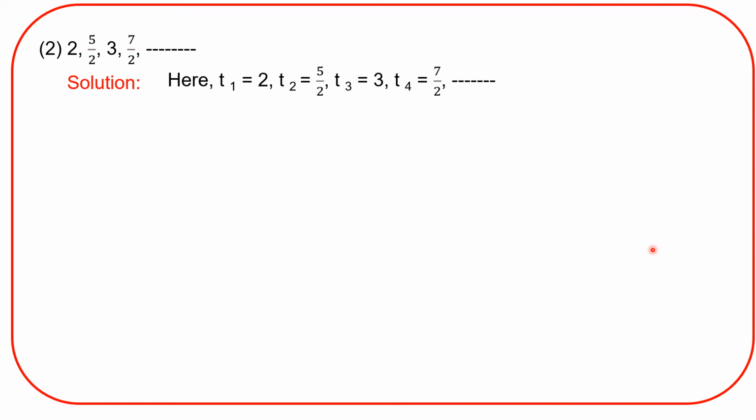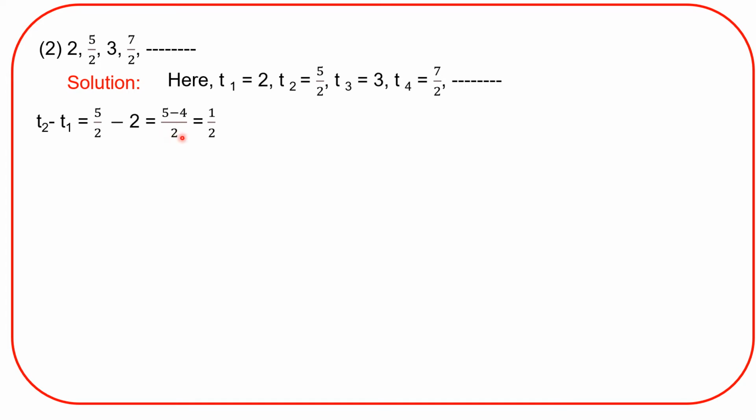So find out the difference. T2 minus T1 is equal to 5 upon 2 minus 2, that is 5 minus 4 upon 2, is equal to 1 upon 2. Here one is a fraction, one is an integer, so we take 2 upon 1.